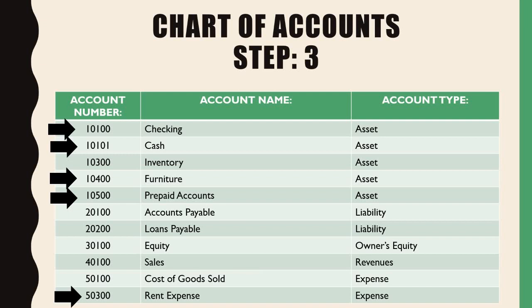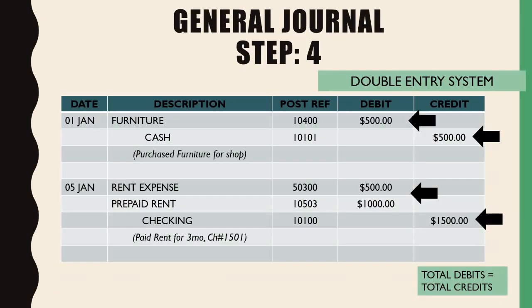In this case, it's much easier to memorize a 5-digit code than it is to memorize words. So in this case, we already have it laid out in my chart of accounts that my cash account is account number 10101. So therefore, every time I use cash, it's account 101.